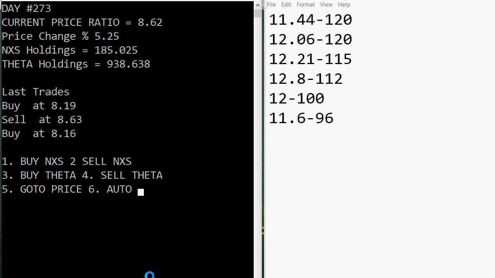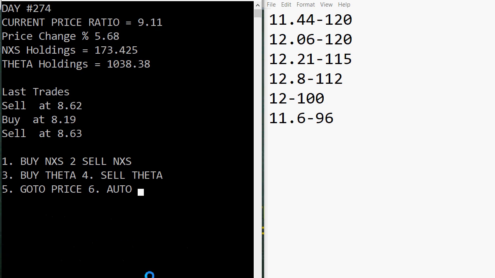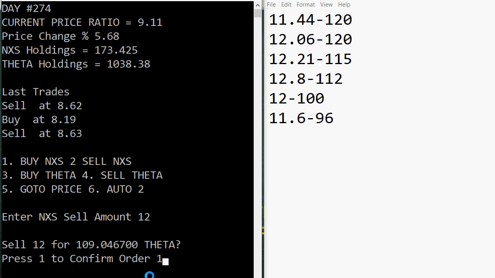And all the upper orders should be good too when they come into play, if they even do. 99.7. Okay, so now the 12 one will come into play. 109.